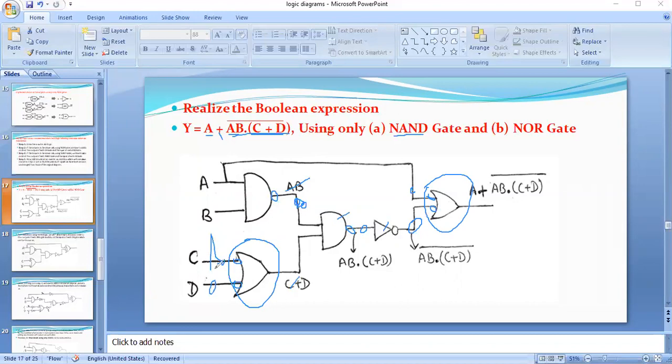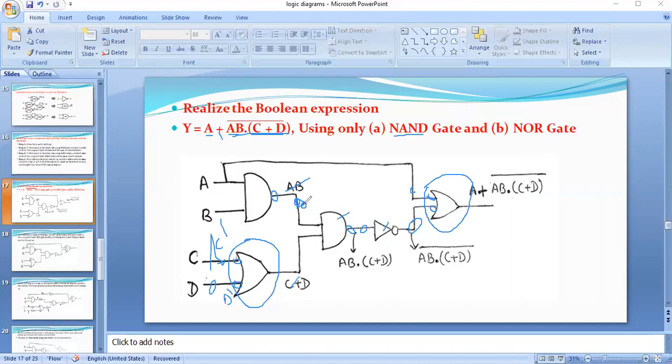See here, we have an inverter and another inverter. So we can directly write it as C bar and D bar. Or else, instead of inverters, you can use NAND gates, otherwise you may write C bar and D bar.